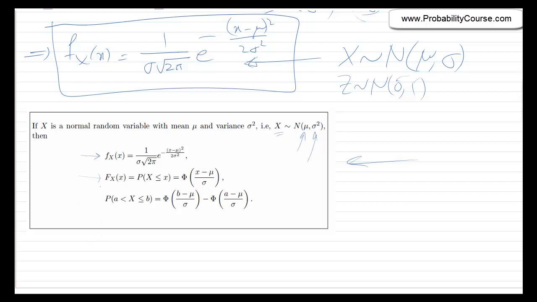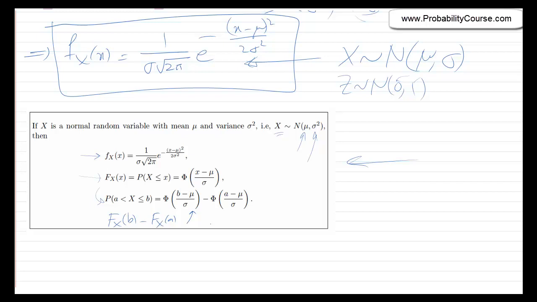And of course, from this you can easily compute the probability that x is between a and b, which is simply F_X(b) minus F_X(a), given by phi of (b minus mu) over sigma minus phi of (a minus mu) over sigma. So it is important to be able to work with this phi function and solve problems using it when we have a normal random variable.